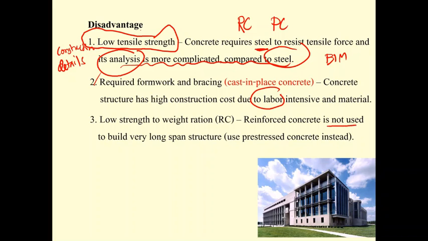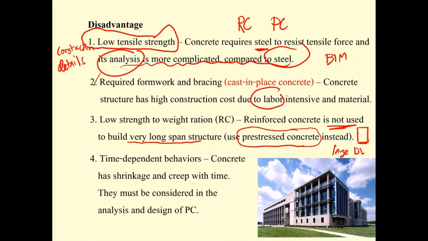That produces a big section, and when it's a big section, it's going to have large dead load, and then it cannot be used easily in long span structures. But we have a new choice of pre-stressed concrete nowadays, so we can build concrete structures bigger and bigger.